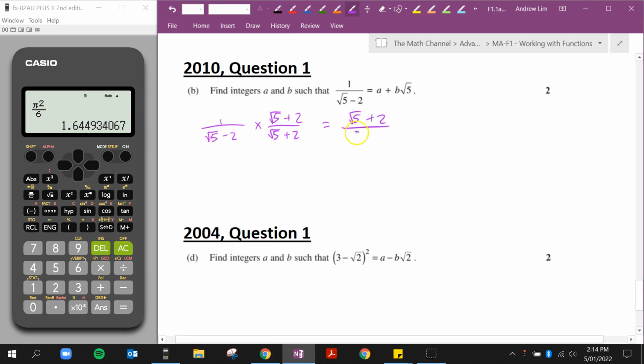Root 5 squared is 5. Put a minus sign. 2 squared is 4. So that's going to give me root 5 plus 2. Therefore, a is 2. And b is the number in front of root 5. And the number in front of root 5 is 1.